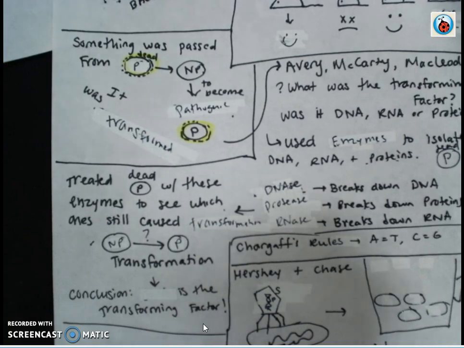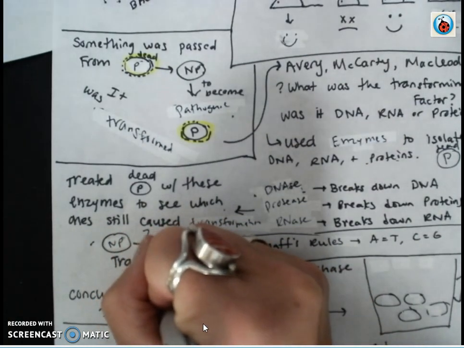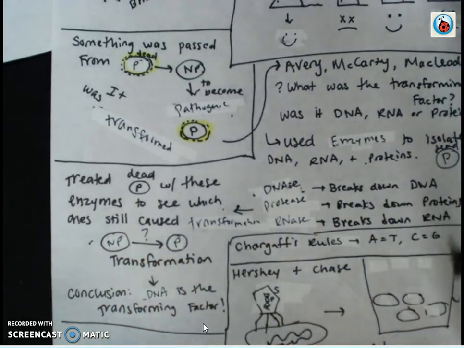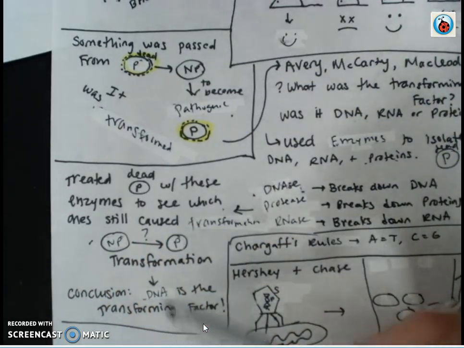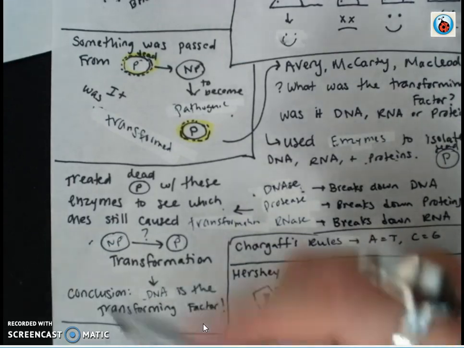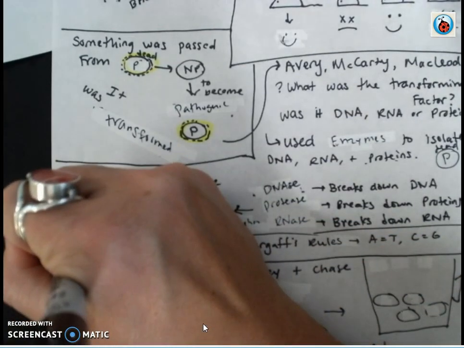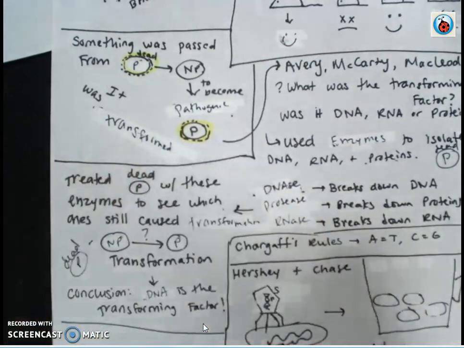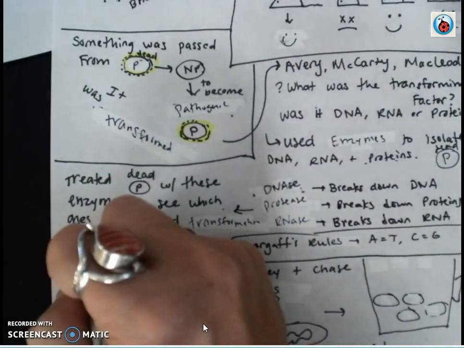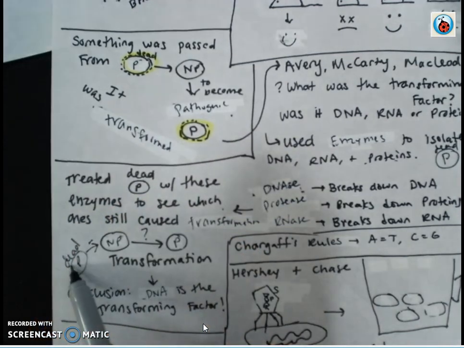And basically, by isolating each of these molecules, they were able to confirm that DNA is the transforming factor, causing a change in genes and therefore the phenotype. So when the dead pathogenic bacterium died, it basically passed its DNA.